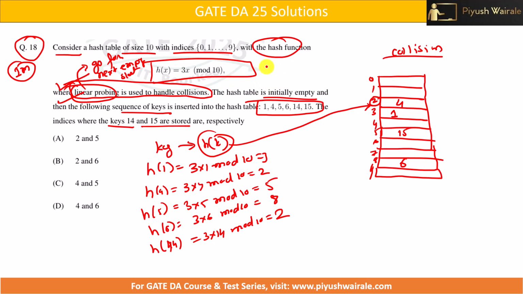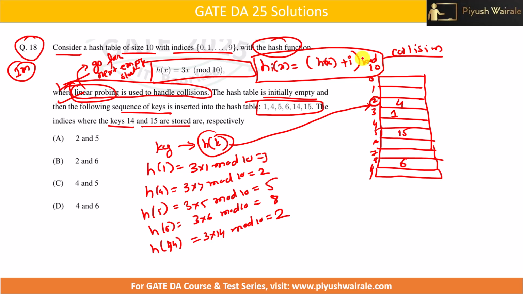In the case of linear probing, we have an updated hash function, h of x, then plus i, and then mod 10. So the function for linear probing is h of x plus i, mod 10.